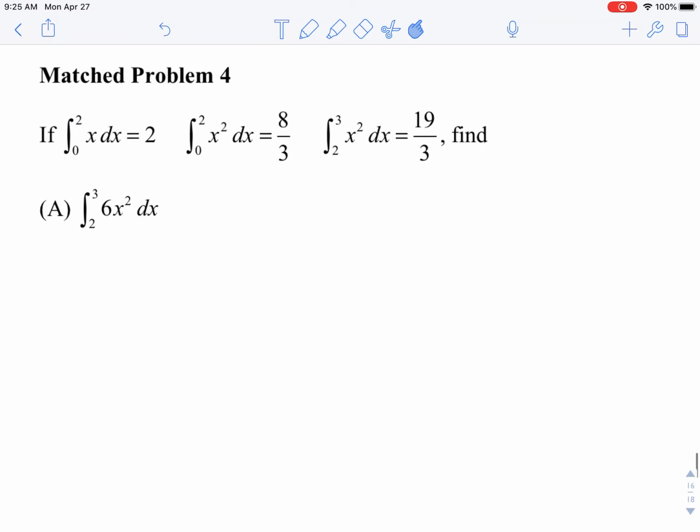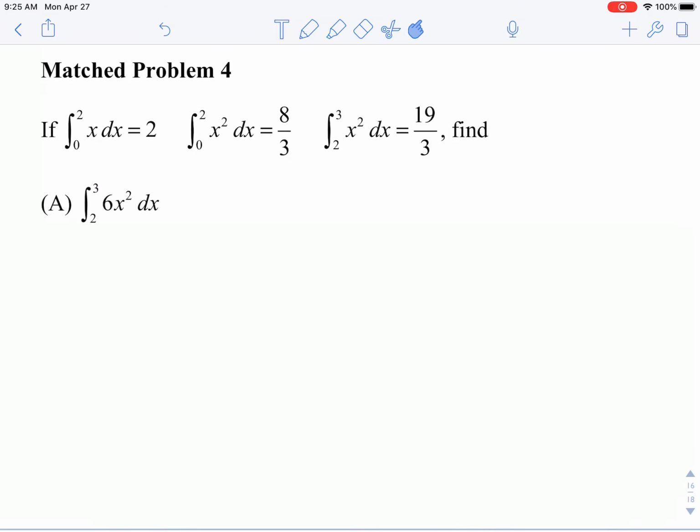Okay, matched problem 4. There is A. I'll give you a few seconds to look at that.